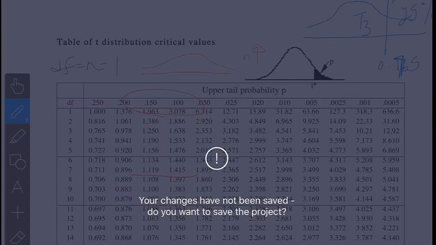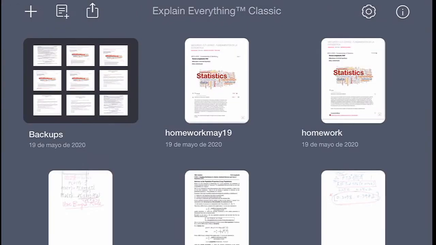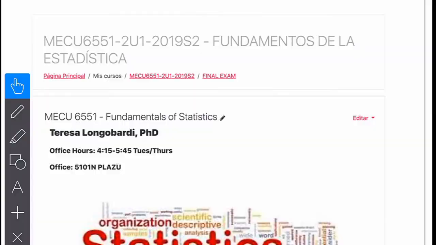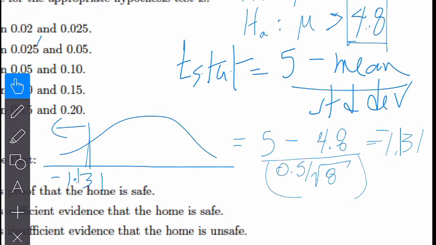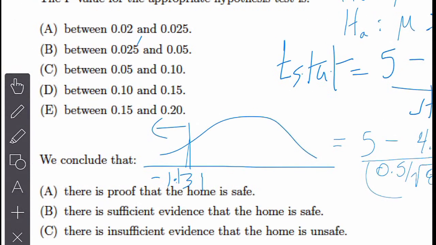And that is what I get. So the answer is to say between 10% and 15%, which is D.